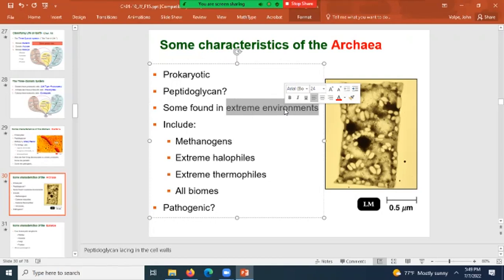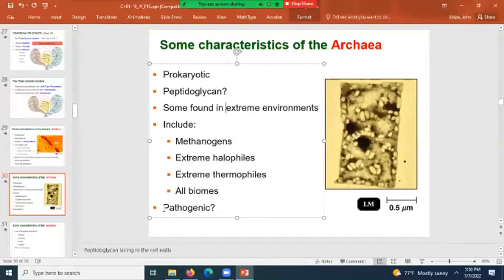That's actually, gosh, at least 15 years old, but they are found everywhere. They make up a significant number of the organisms found in the soil, as well as in seaweed, meaning we find a significant number of the microbes in the ocean are Archaea. So they're found everywhere in every biome. They are not just found in extreme environments.